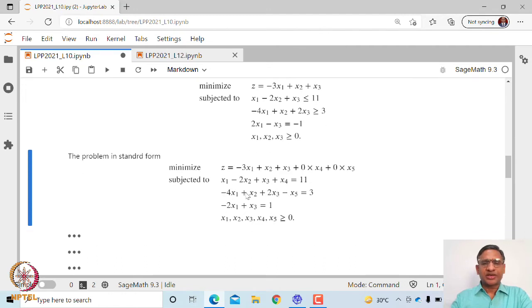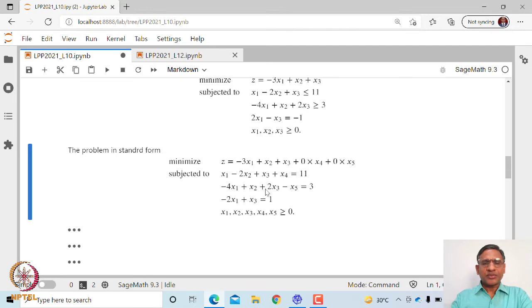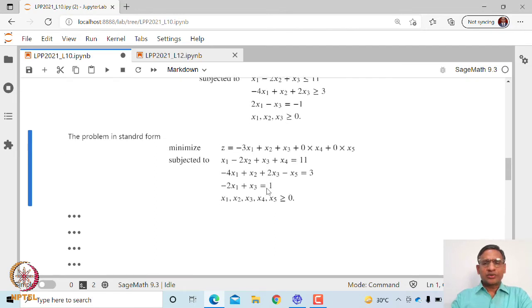Now the problem in standard form is as follows. Next, we will introduce an artificial variable to each of these constraints. However, in the first constraint, x4, which we have introduced as a slack variable, already comes with a positive sign. Therefore, x4 equal to 11 can be taken as a basic variable.